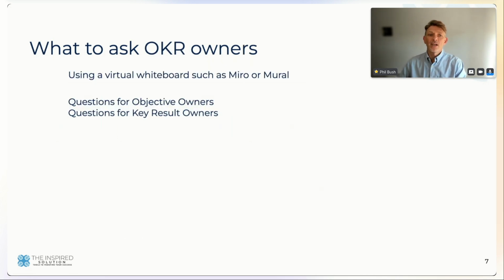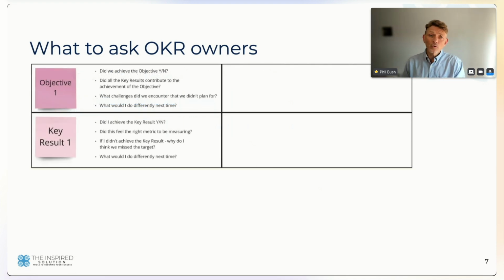What we now need to drill down to and think about are the objective and the key result owners, and how best we can get them to reflect on what their progress has been during the past quarter? Now, just quickly talking about ownership, we want the objective owners, and these are people who have been coordinating the key results, because remember, the owner of the objective and the owner of the key results may be, and are likely to be, different.